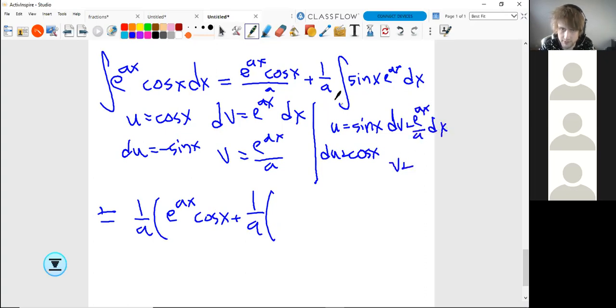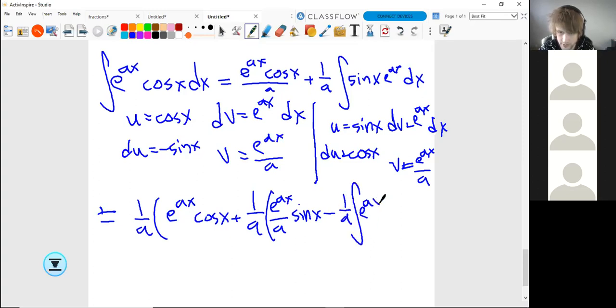So v is equal to e to the ax over a. So we get e to the ax over a times sine of x minus 1 over a times the integral that we started with.